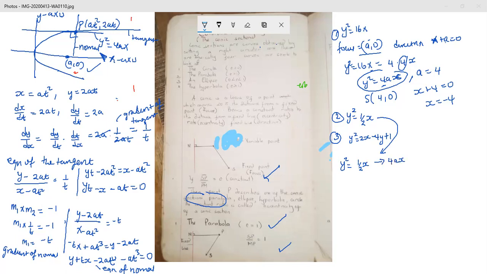If you cannot easily get it, just compare the coefficient on x, which is 4a, with this half. Then you let 4a be equal to a half, and you will see that a will be equal to 1 over 8.